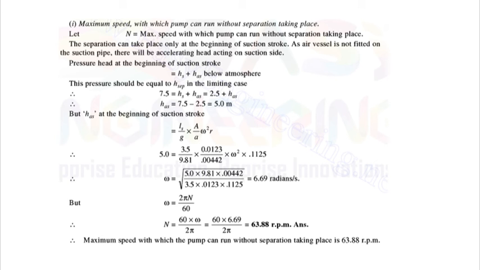With the help of all these values, we can calculate the angular speed omega. Omega is 6.69 radians per second, that is equal to 2 pi N by 60. With the help of this formula, you can calculate the maximum speed of the pump without separation taking place, that is 63.88 rpm.